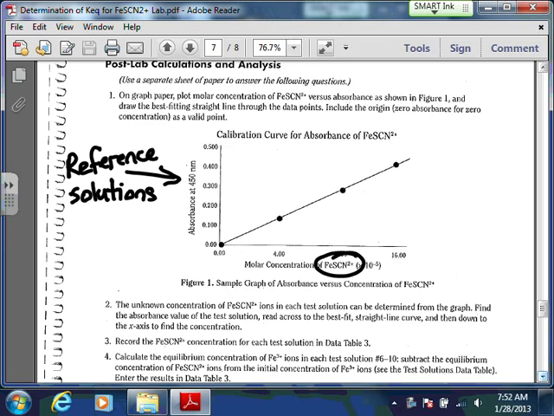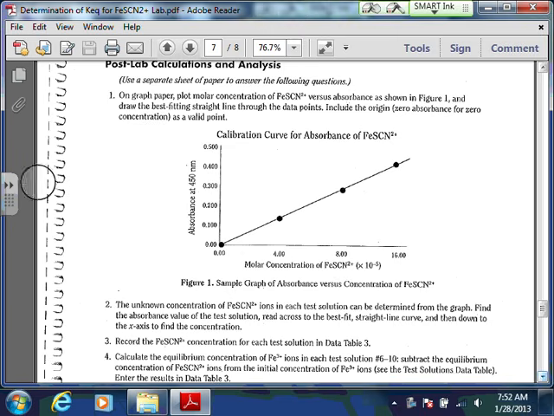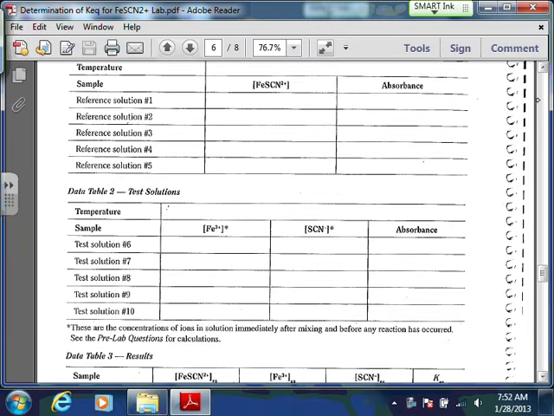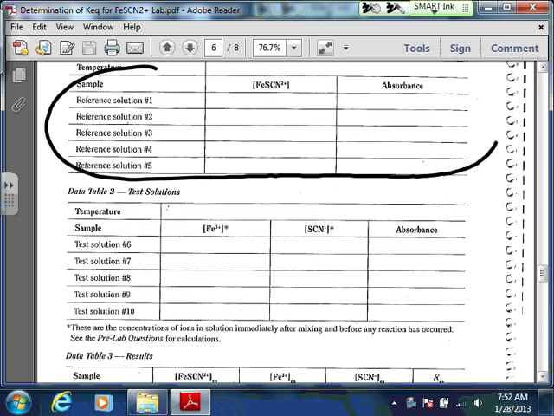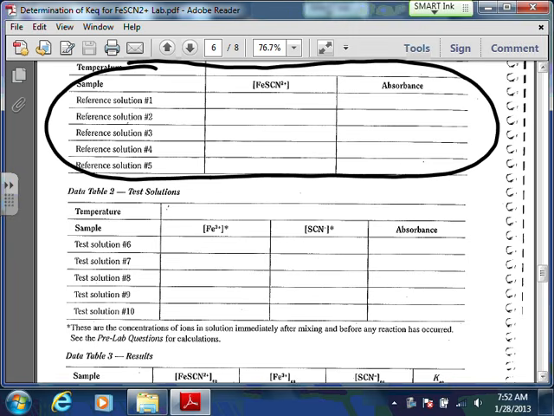So we will have that FeSCN2+ concentration. Maybe I should make this clear: this graph is going to come straight from this data table right here. This is the data table you're going to want to look at to make that graph.